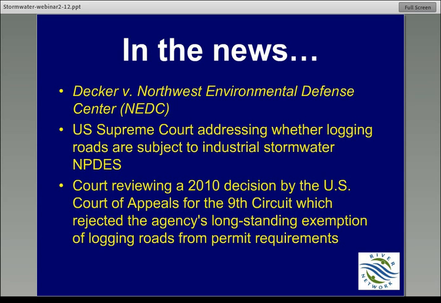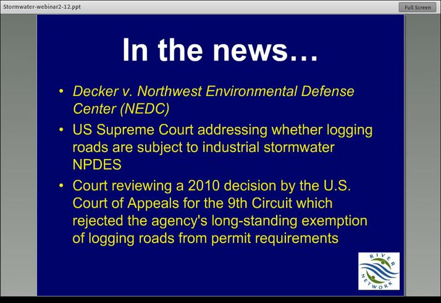In the news here, again, there's another U.S. Supreme Court situation last week that was addressing whether logging roads would be subject to industrial stormwater permits, and that had been required in the Ninth Circuit and was being challenged.